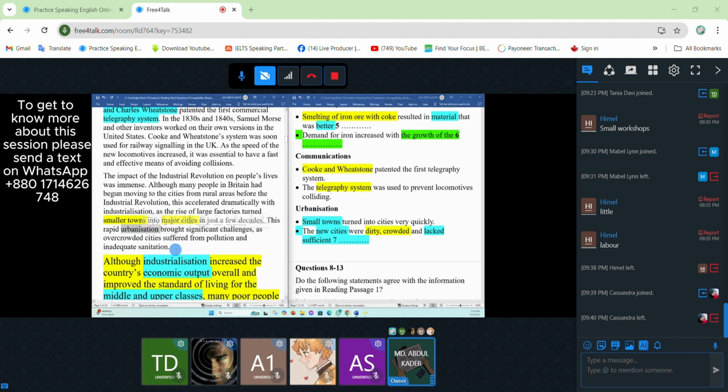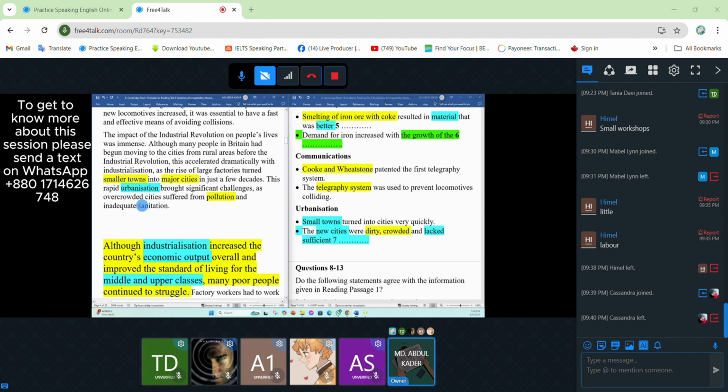Rapid urbanization brought significant challenges as overcrowded cities suffered from pollution. The word pollution means dirty. Overcrowded cities means crowded. And inadequate sanitation means lacked sufficient sanitation.